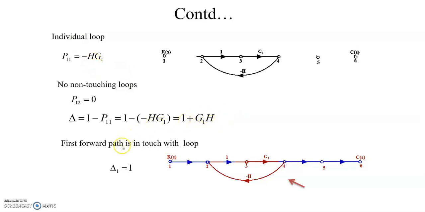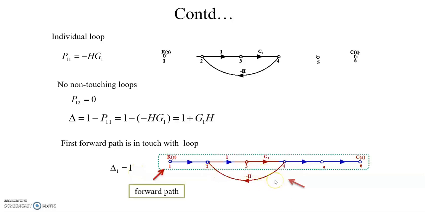Next, for the first forward path you can find delta 1. The first forward path is touching the individual loop, so delta 1 is equal to 1. Since there is no non-touching loop, delta 1 is equal to 1.